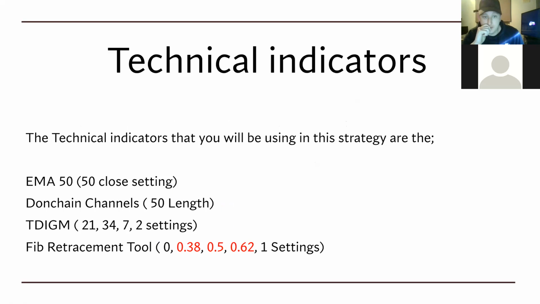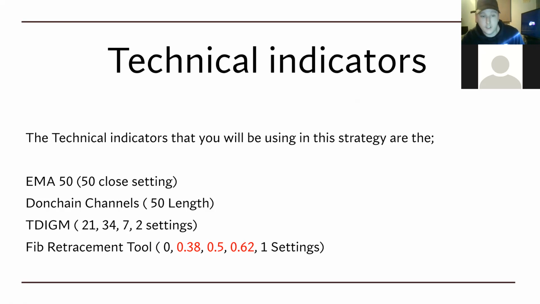So the technical indicators that you'll be using in this strategy are the EMA. So the EMA line, we call it an EMA 50, but it's just because in the settings we put it to a 50 length. So yeah, the EMA 50, and then Donchian channels again at a 50 length.